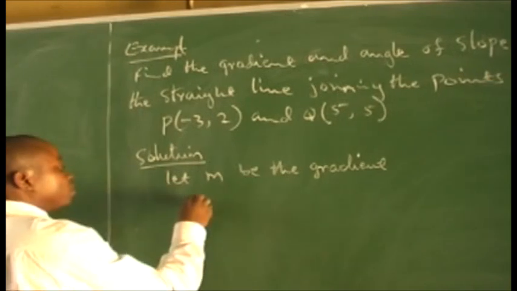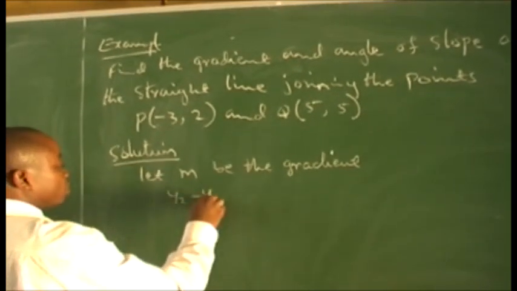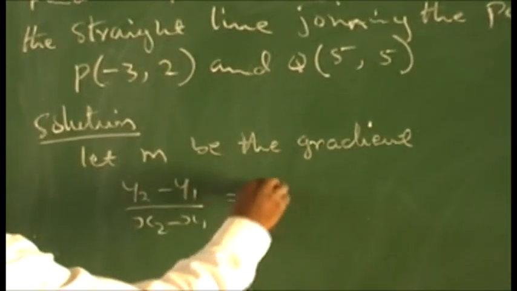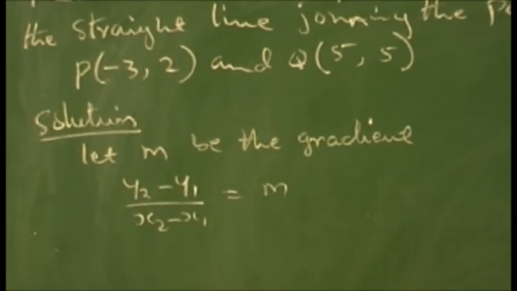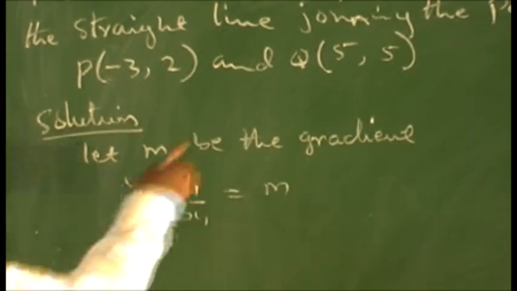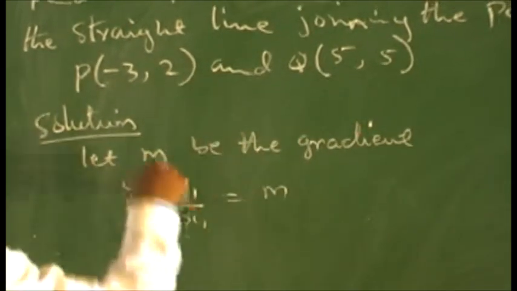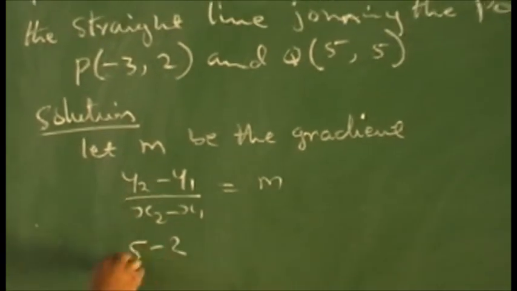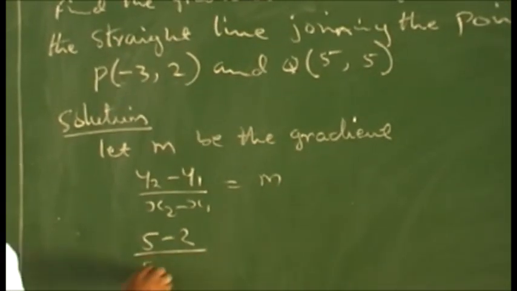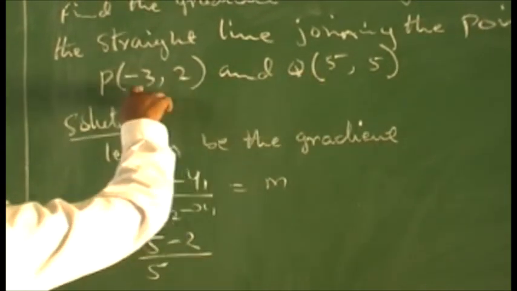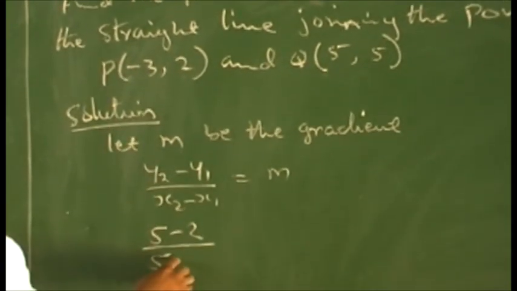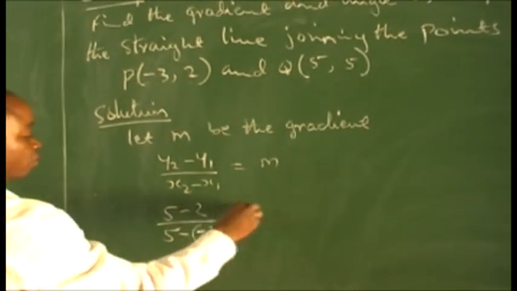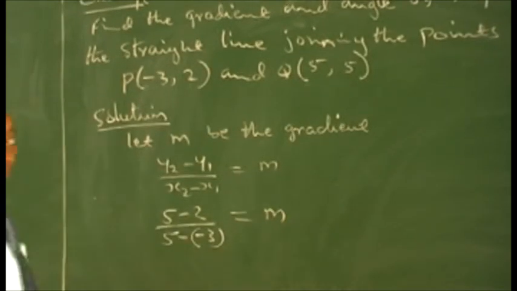Then we know that (y2 minus y1) all over (x2 minus x1) will be equal to the gradient m. Now here y2 is 5, y1 is 2. So we say 5 minus 2 all over 5, that is x2, minus x1, which is minus 3, will be equal to m, which is the gradient.